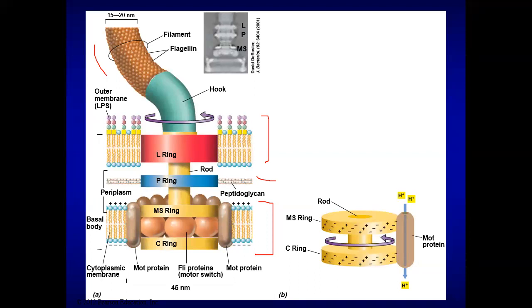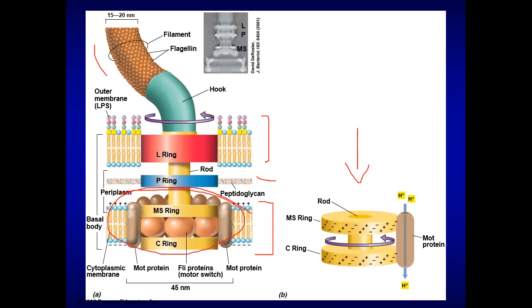Then you see the MOT proteins and the FLI proteins down in the cell membrane area. Okay, so they're associated with each other. They're making physical contact. So what we see happening is they are showing off to the right here how to get this flagella to actually rotate.